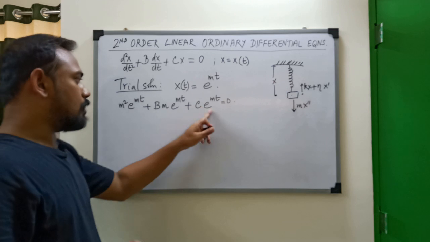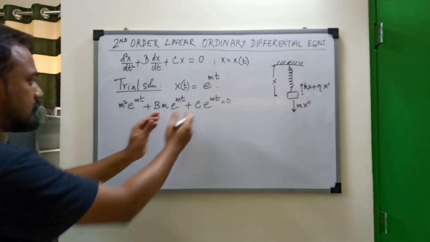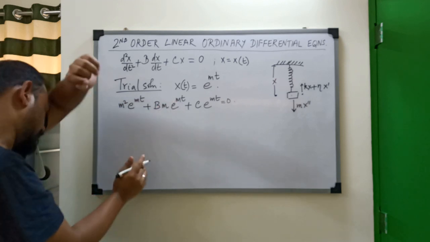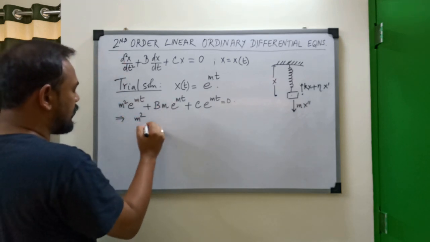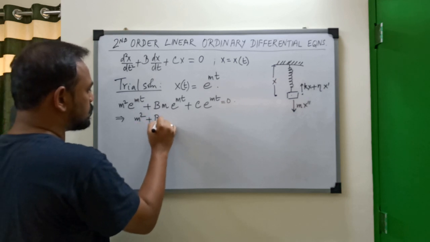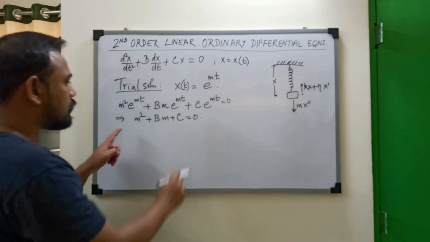Now e to the power mt is common in all of them, and since e to the power mt is never 0, you can cancel that out, and you are left with this quadratic equation in m, which is m squared plus bm plus c equals 0. And this equation has a name.